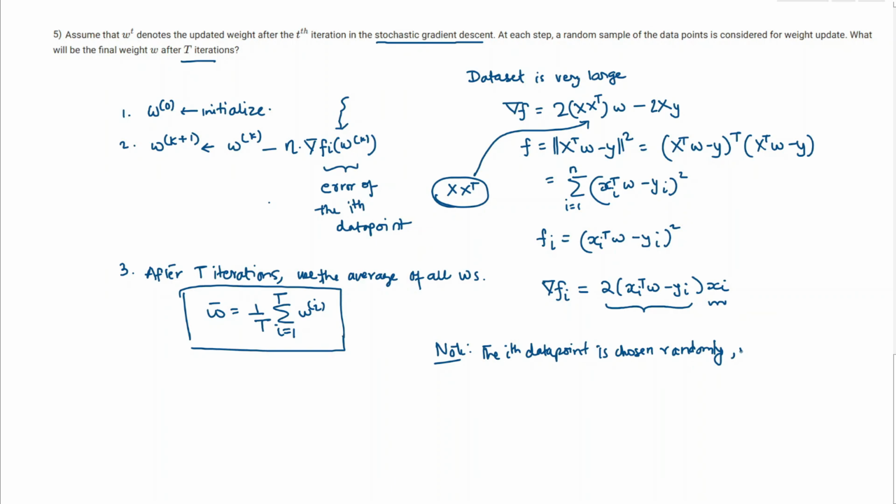You can say with uniform probability, okay? So the final weight after capital T iterations will be nothing but the average of all the weights that are obtained in the process.